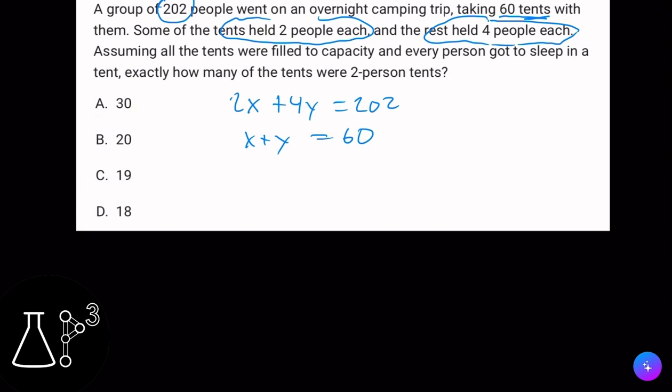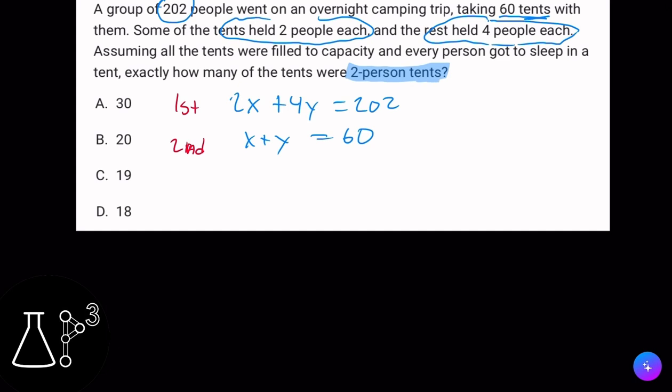Now what I want to do is isolate one of the variables in the second equation. Which variable do I want to isolate? If x is the number of tents that hold 2 people, I want to isolate x. So how do I do that?